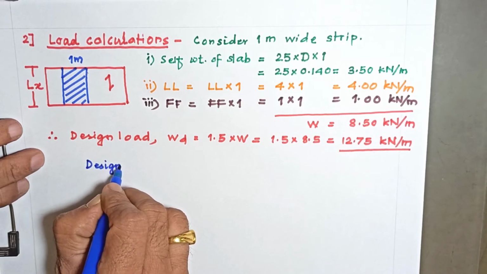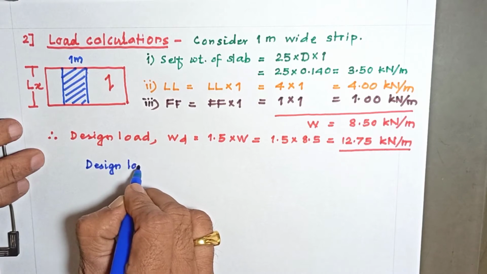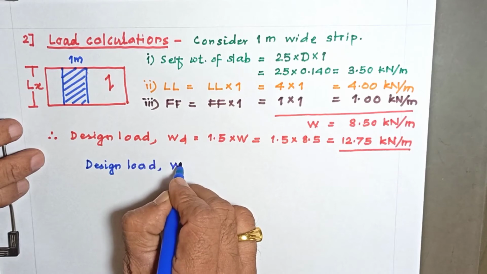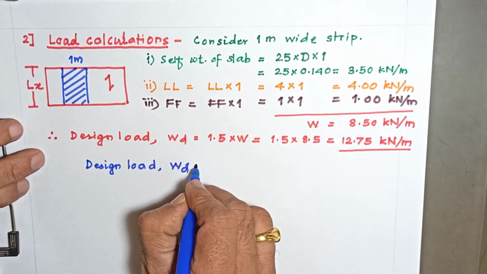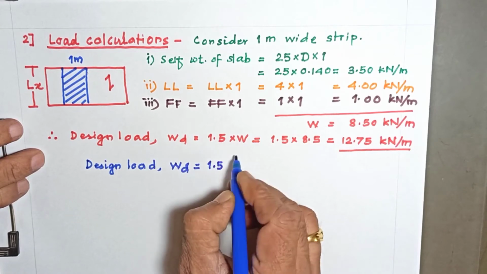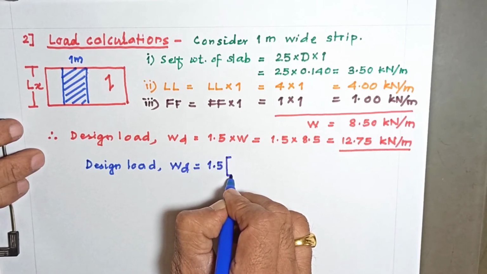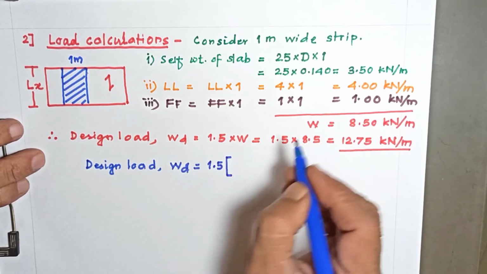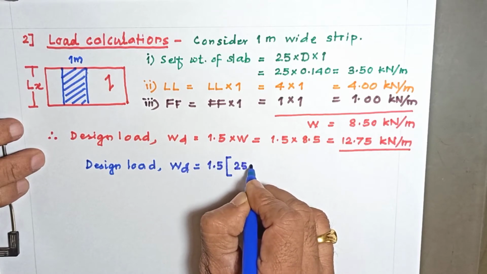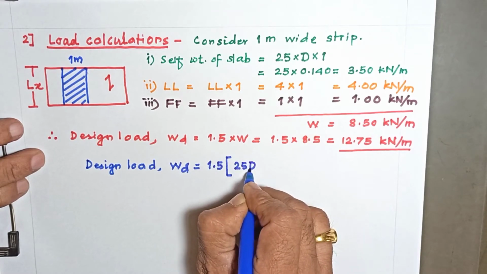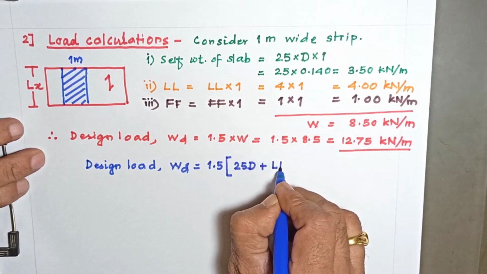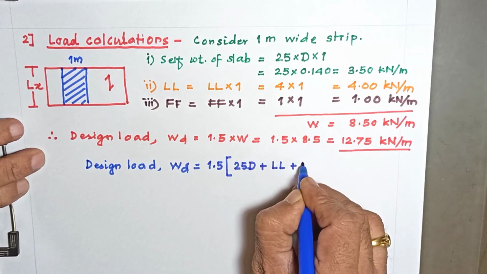Design load, which we denote by WD, is equal to 1.5, because we are making it ultimate, into bracket, the self weight of the slab, 25 D, plus live load plus floor finish.